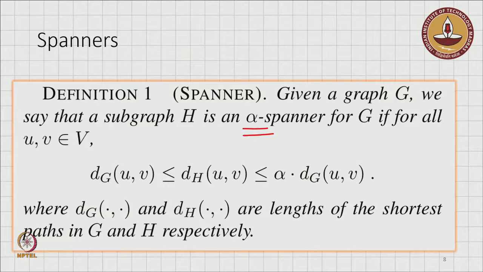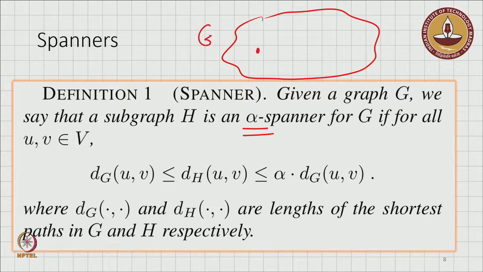We say that H is an alpha spanner for the graph G if for every pair of vertices, so now you have a graph G, you take any pair of vertices U and V, there is a distance between U and V in that graph G. So that is your d_G(U, V). Okay.